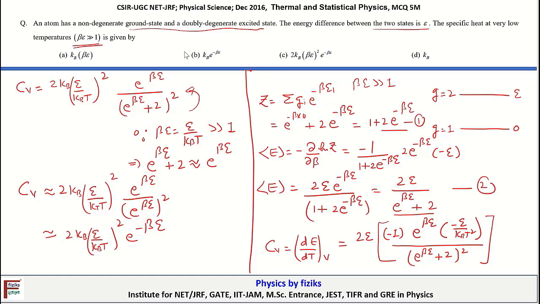So therefore the second option is correct, sorry, the C option is correct here.